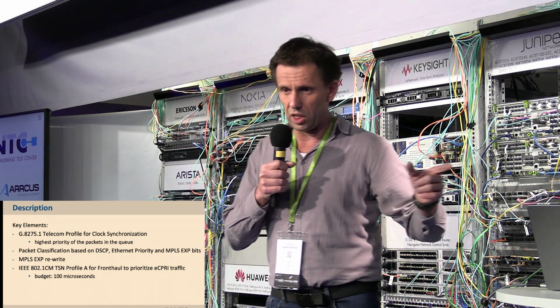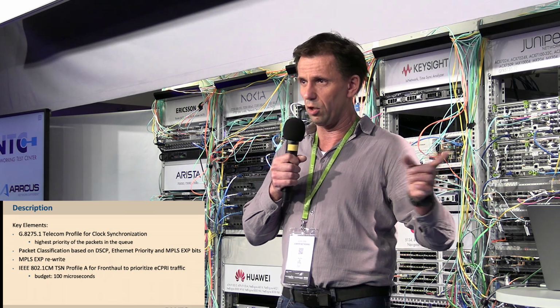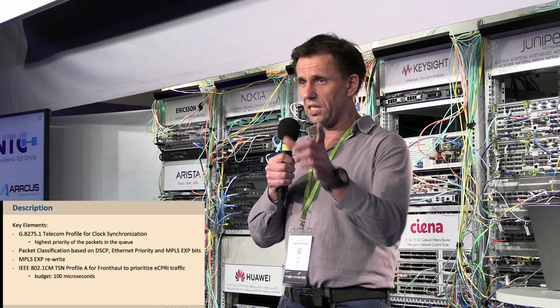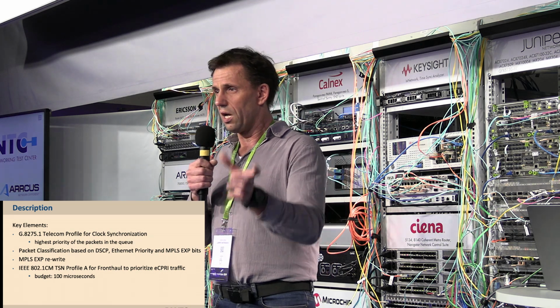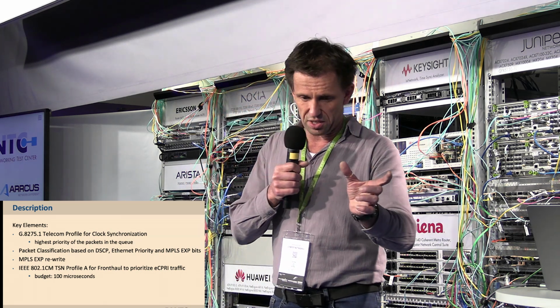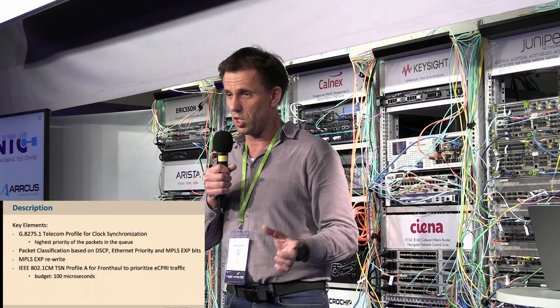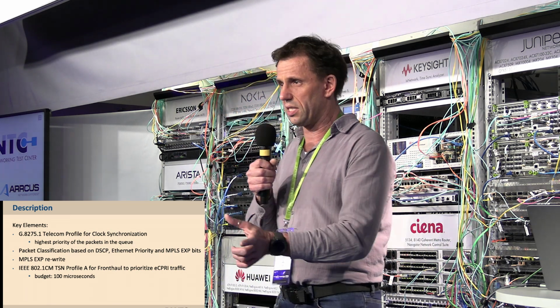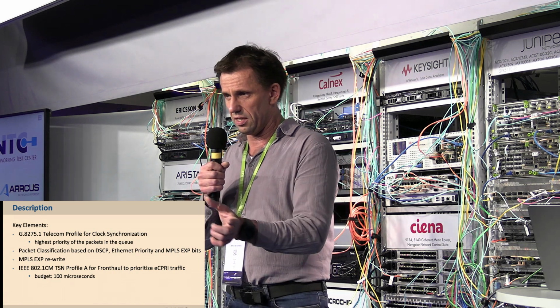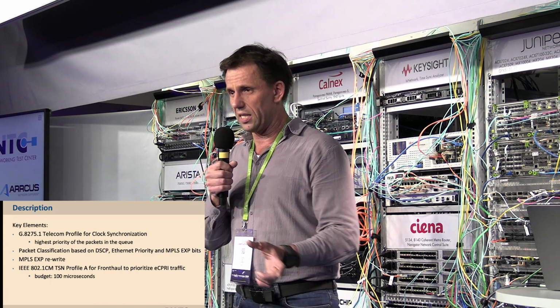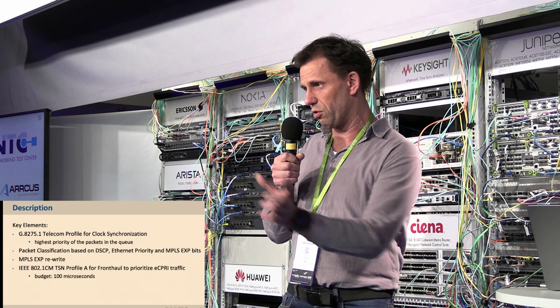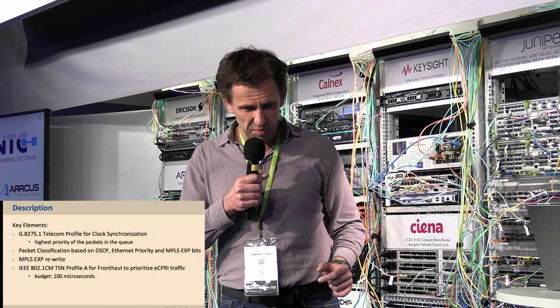So we need to make sure that we classify the important low latency packets as such, and classification needs to be done on all possible layers. So we need to classify L3VPN, for example, with DSCP bits, Ethernet priority for Ethernet-based enhanced CPRI traffic, and MPLS experimental bits if you are a device somewhere behind in the middle.